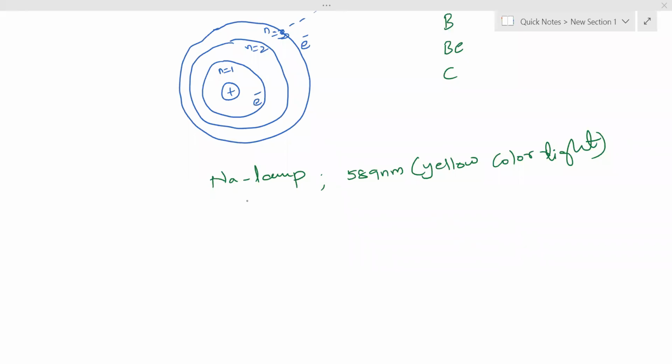Not only atoms but molecules also will have characteristic spectra of emission or absorption. In the case of molecules, we will identify closely spaced lines. Unlike atoms, where we get discrete lines, here we get lines which are closely spaced. And for some large molecules, we even get continuous spectra.